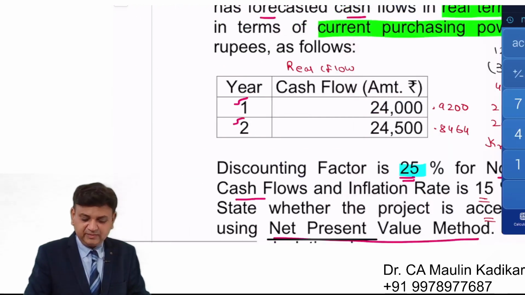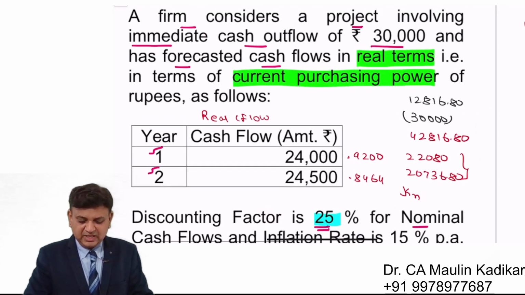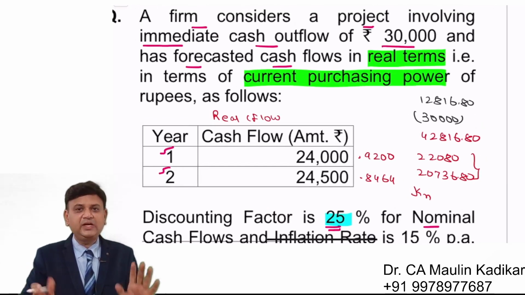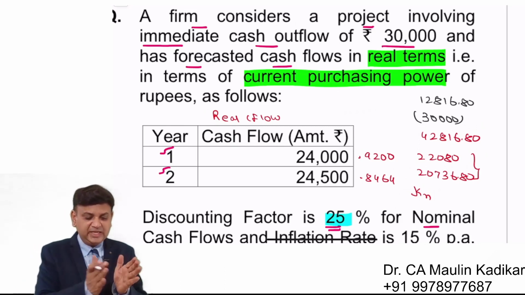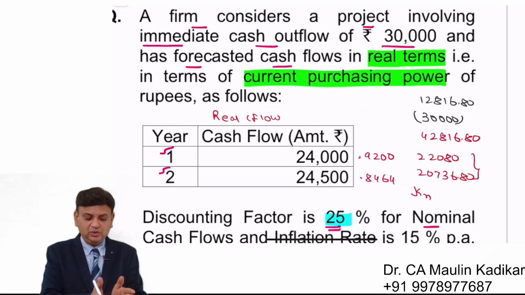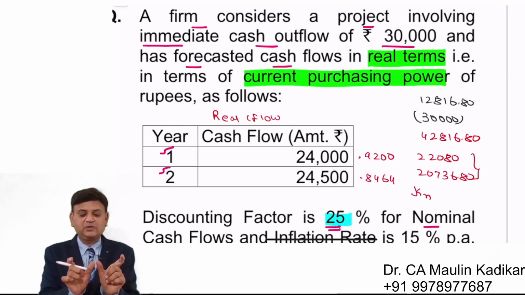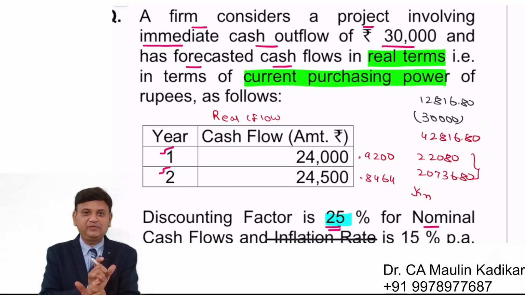This is the way we can make the NPV calculation. And since NPV is positive, we advise the company that you should accept the project. So when the question says you are required to apply real cash flow approach, you need the real cash flows and the real cost of capital, with real cash flows discounted at the real cost of capital to find NPV.